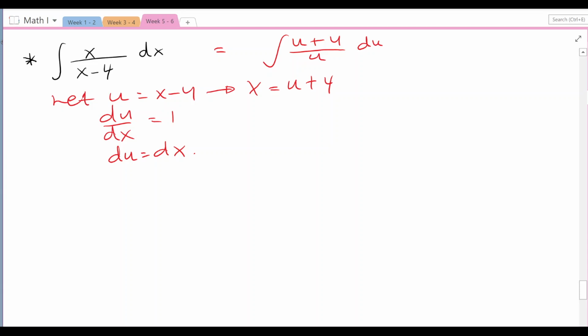So this is equivalent to the integral of 1 plus 4 over u, which is fine.